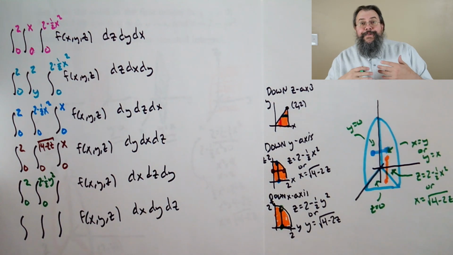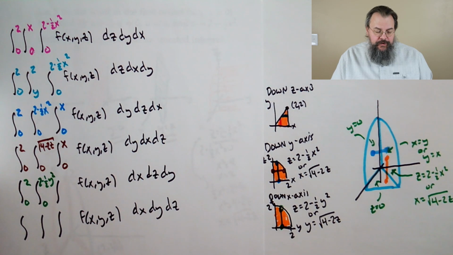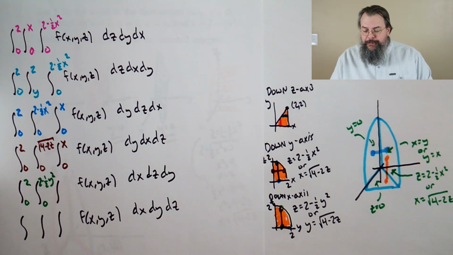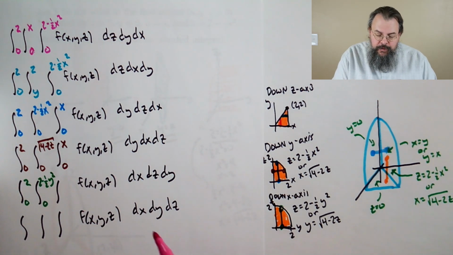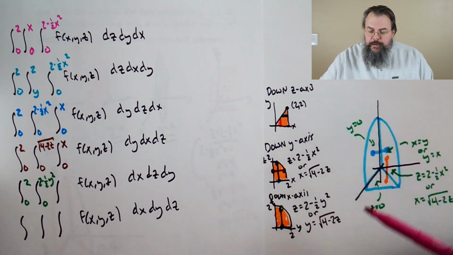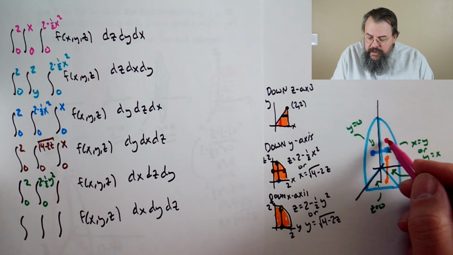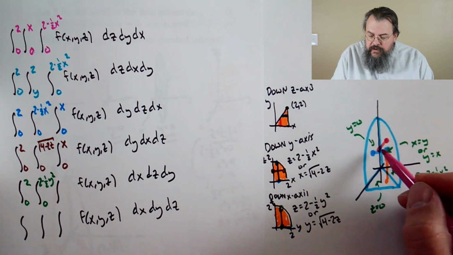Okay, now back to our 3D picture. And we ask ourselves the question, where are we going? From where to where? Well, we're moving along the x direction. So here's our x-axis. So we're moving front back. So as we move front back, we're going to hit the two surfaces.